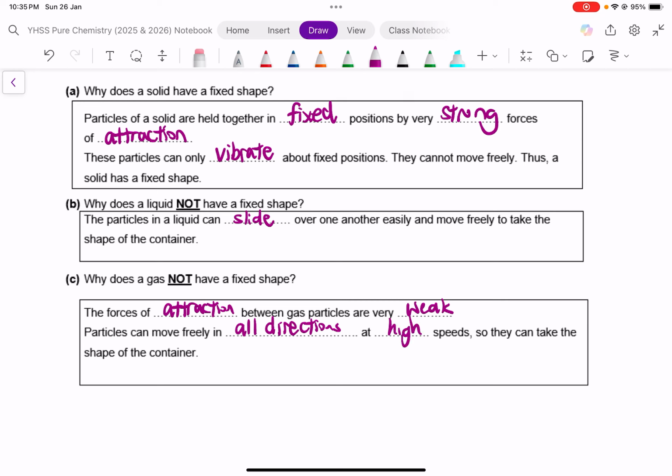So there is freedom of movement here in all directions at high speeds, and therefore, again, particles in a gas are able to take the shape of the container they are in. So basically, shape depends on the movement of particles, whether the particles can move freely or not move freely.